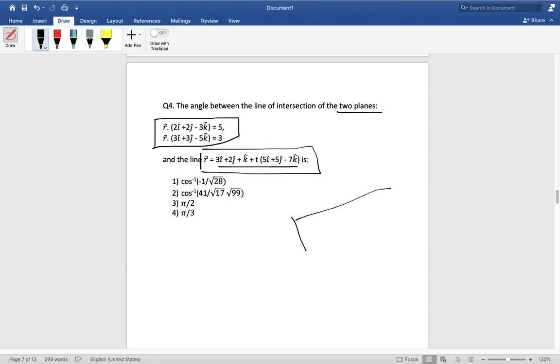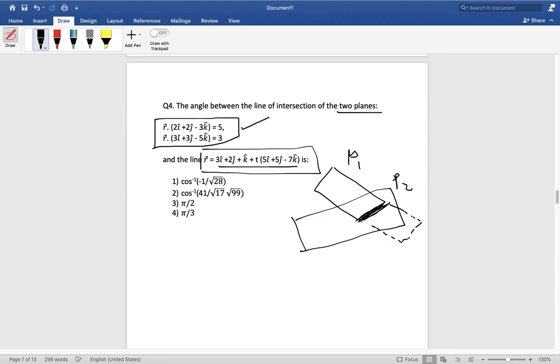So if this is one plane and this is like another plane extending below like this maybe, so this line which lies on both the planes is given as the intersection of these planes. This is P1 and P2. P1 may be this, P2 may be this.